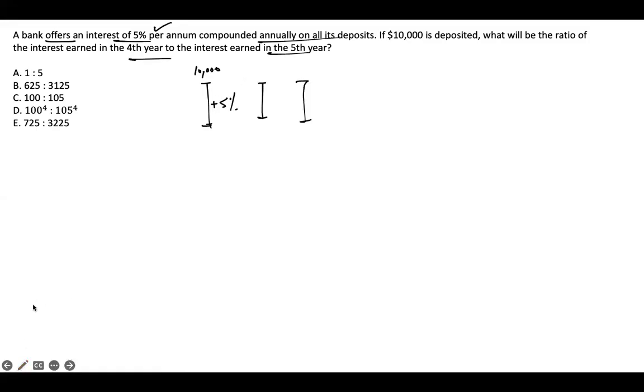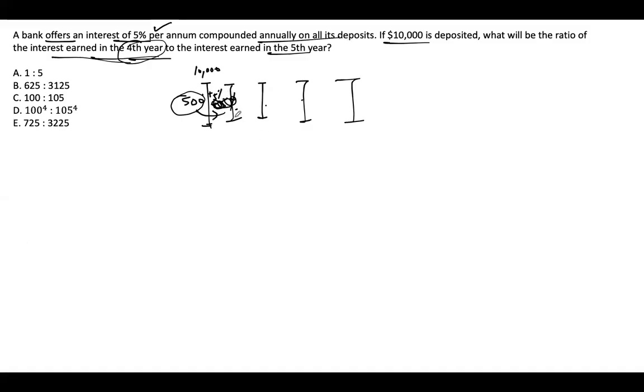So what I wanted to ask is, let's say the bank offers an interest of 5%. So you know the interest, right? 5%, let's say for the first year, 500. 10,000 is deposited. Let's say first, second, third, fourth, fifth year. But you know that interest will also increase by the same rate, right? 5%.